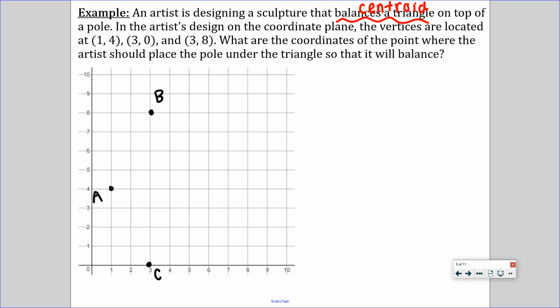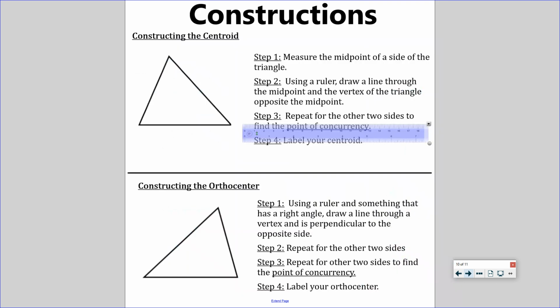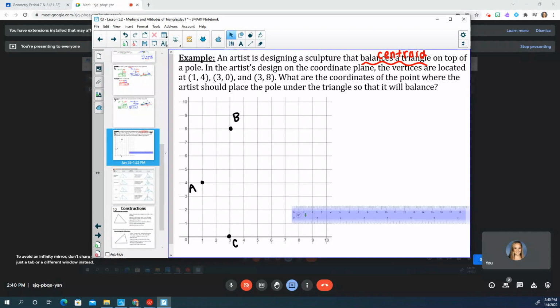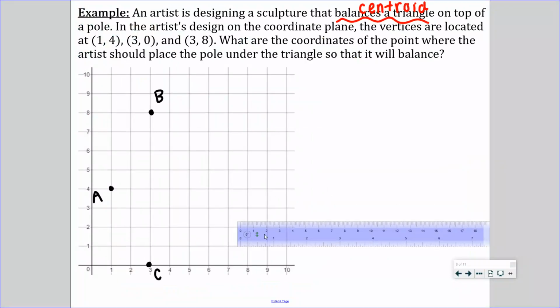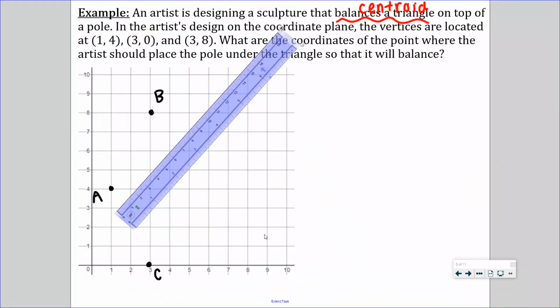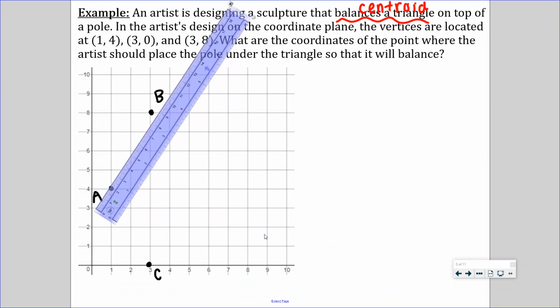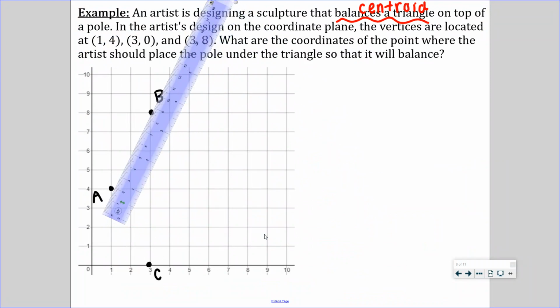Actually, I think I have a ruler on the next slide here. Let's see if I can bring this ruler in over here. So you can use a straight edge. Okay, draw your triangle. This is hard to do up here, but I'm trying my best. Okay, straight edge.